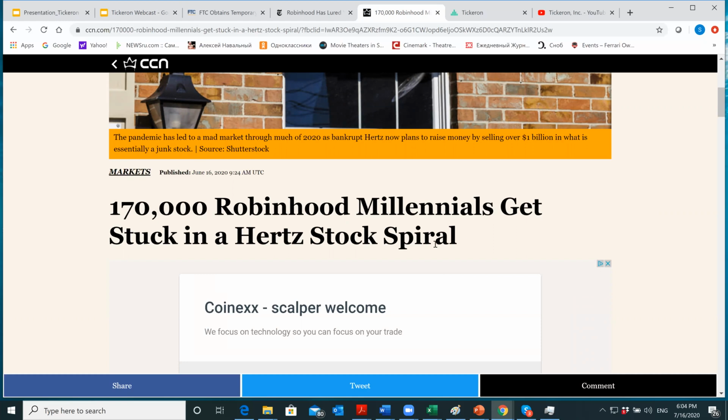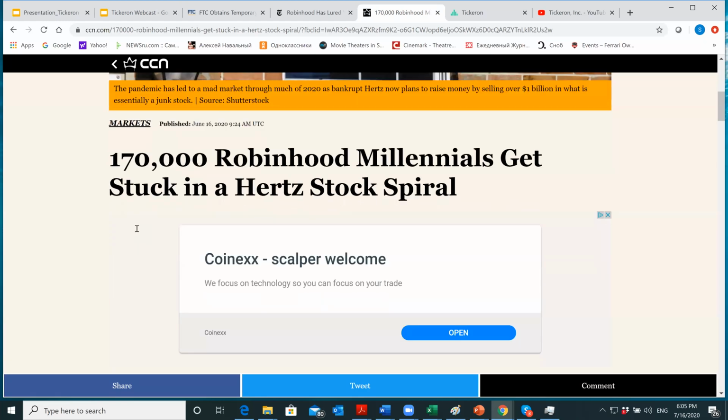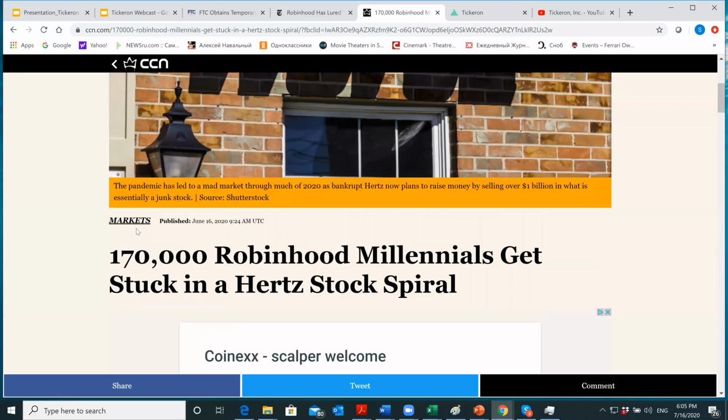What it means is they did buy on a dip, and Hertz never recovered. And 170,000 people bought into this stuff when our side kept telling, sell, sell, sell, sell. And it's unclear whether or not Hertz is going to recover. Okay. So these are the differences between using and not using algorithms.